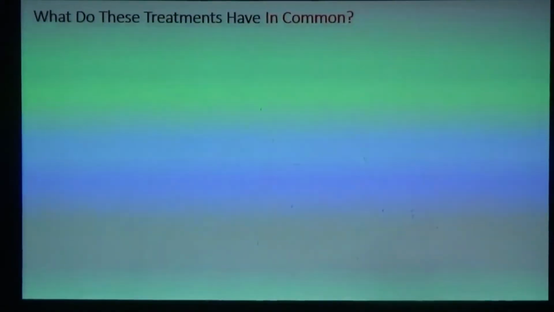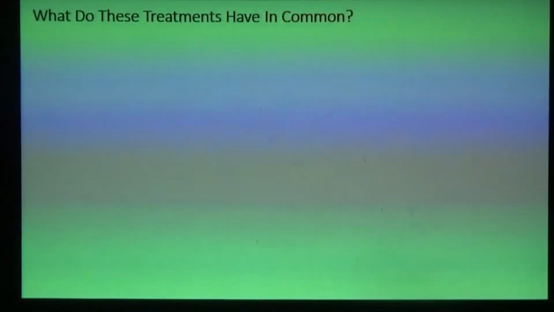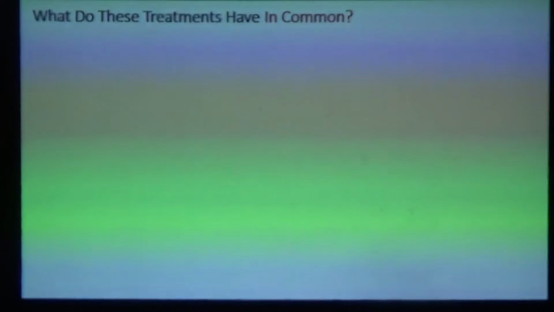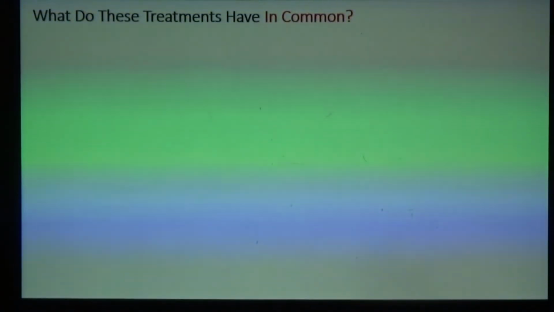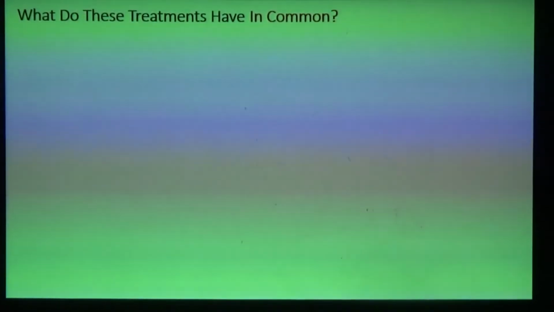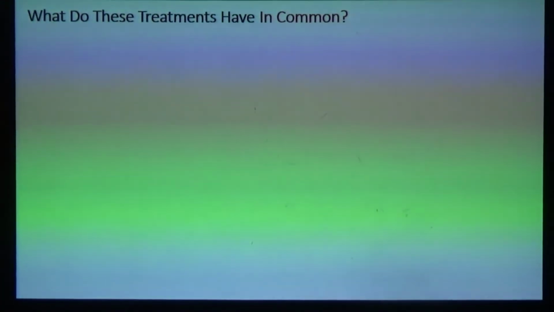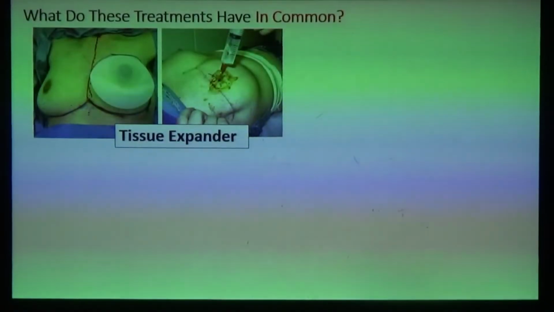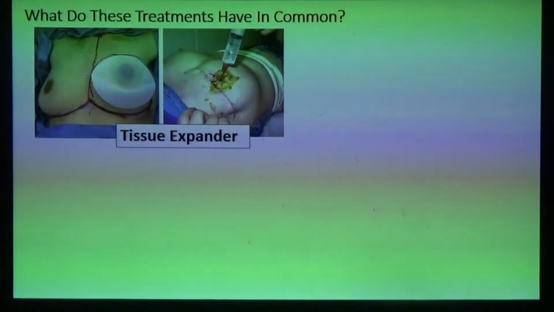First, let me start by showing you 4 kinds of treatment and asking you a question. Each of the treatments you see here is quite frequently conducted in the practice of plastic surgery. First, breast reconstruction with a tissue expander.